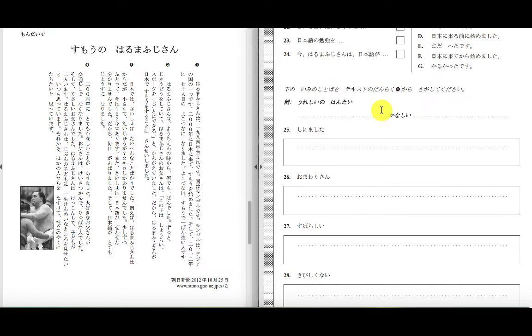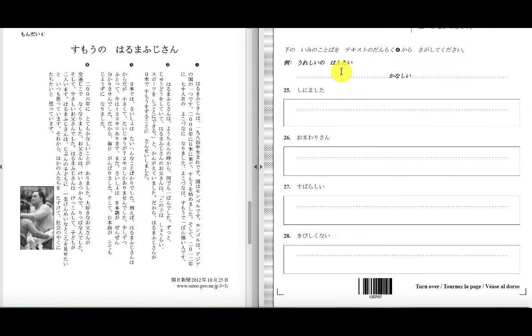Okay, here is another one where you have to be very, very careful. Now, paragraph 4, that's absolutely key. And here you are looking for shita no imi no kotoba. Words which have the meaning of below. And you are asked to sagashite kudasai.